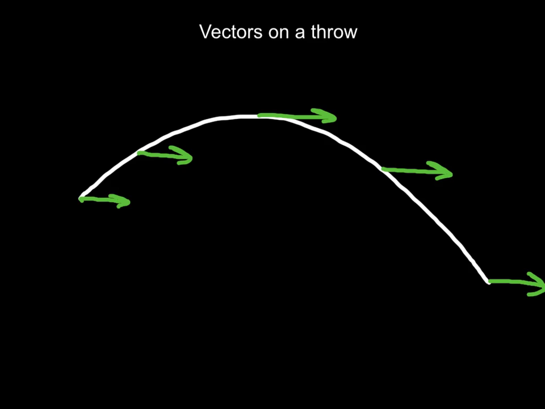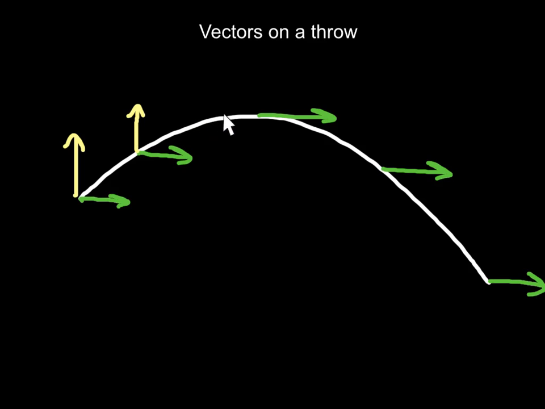Here's the one that's going to be different though. The vertical forces are going to be slightly different. When I initially throw it or kick it or whatever, the vertical forces are going to be acting in that direction, because it's travelling upwards.